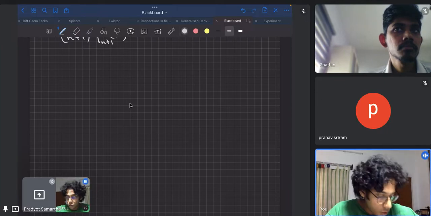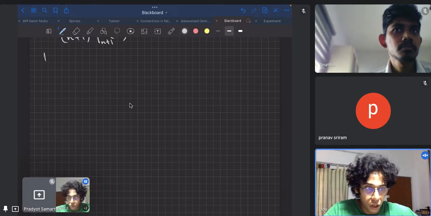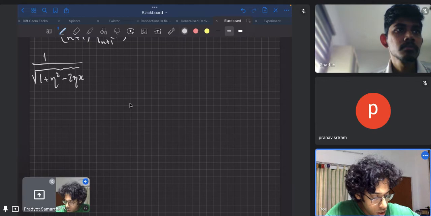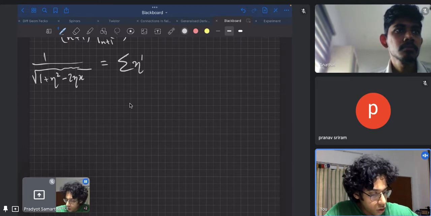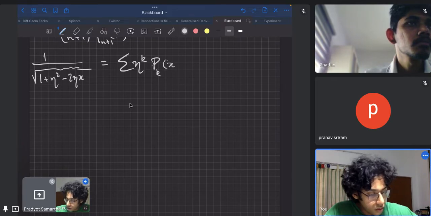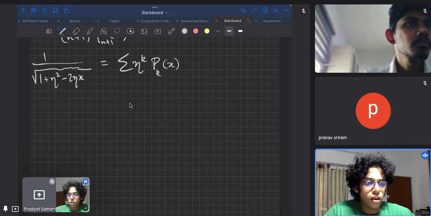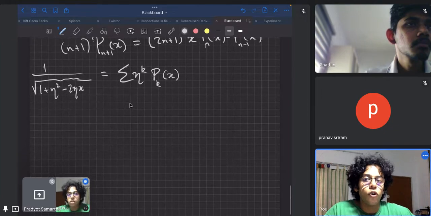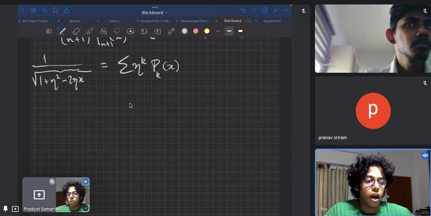If you think about it, you can express it as 1 by root of 1 plus eta square minus 2 eta x is equal to the summation of eta to the power k Pk of x. When you expand this, you find that you get the same expansion as you had for the multipole expansion.